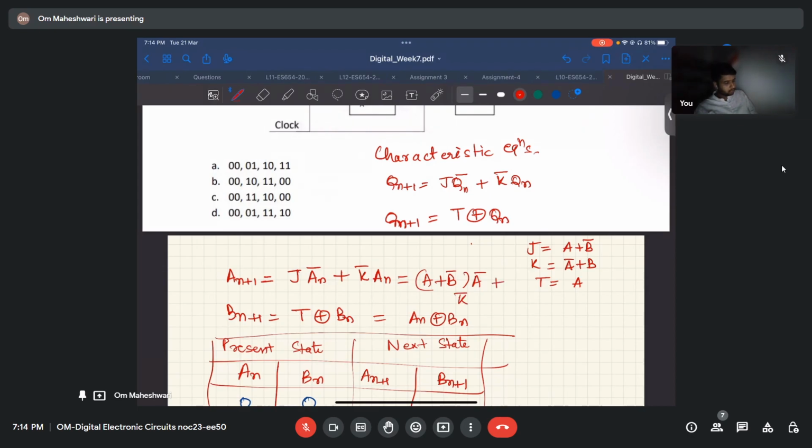K bar is A bar plus B, right? So if I take it here, A bar plus A bar B bar plus A bar plus A B.